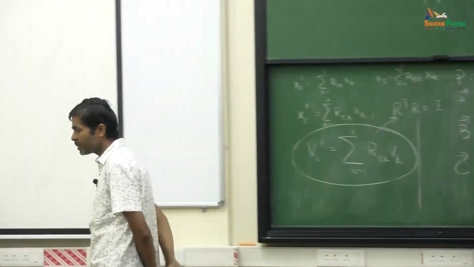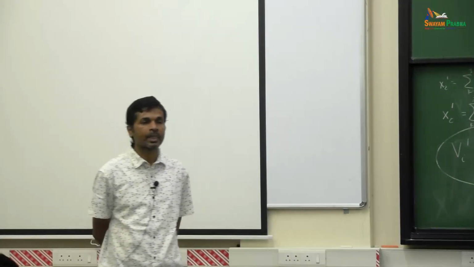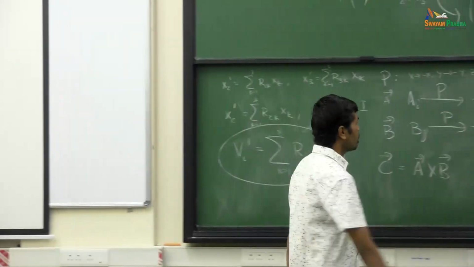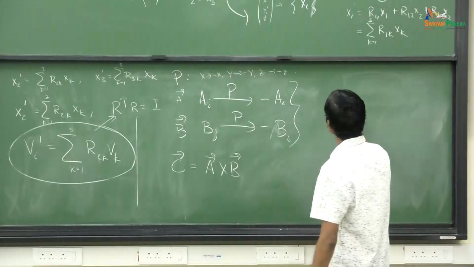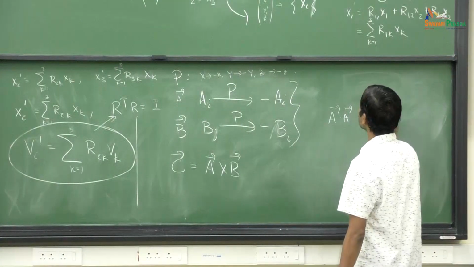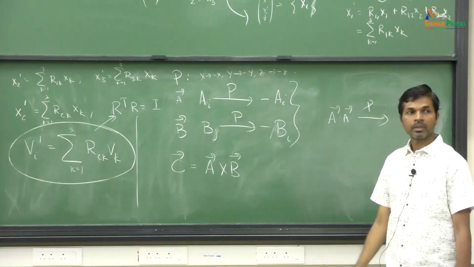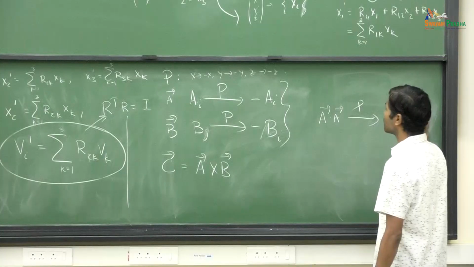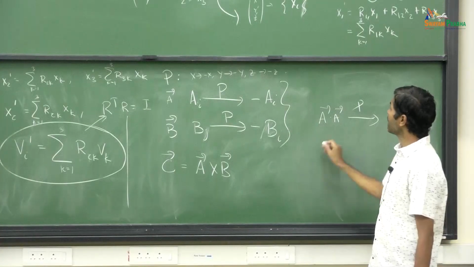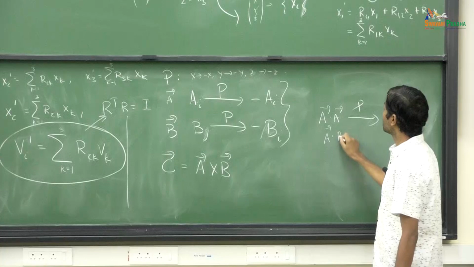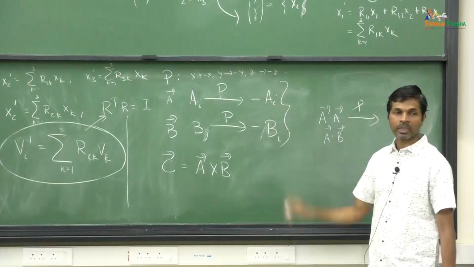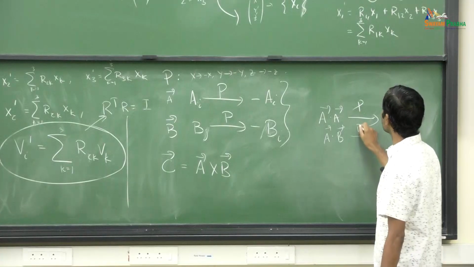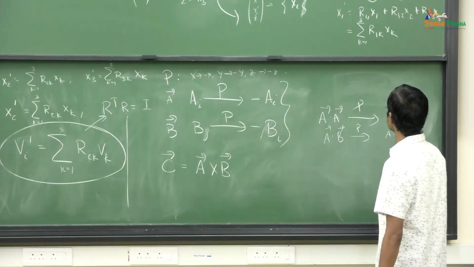Exactly the same way you can introduce the notion of a scalar and a pseudo scalar. If you just consider A dot A, under parity it just goes to the same A dot A. If you consider A dot B, where A and B both are polar vectors, it goes under parity as A dot B.